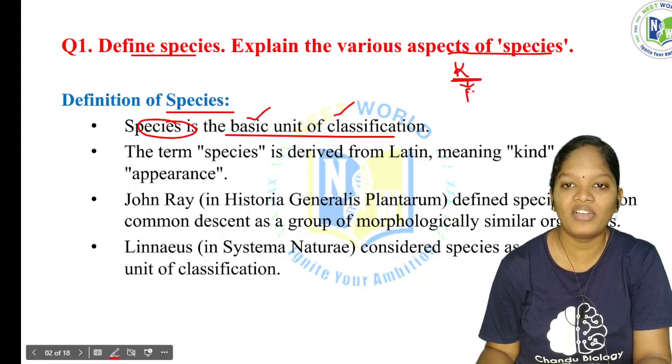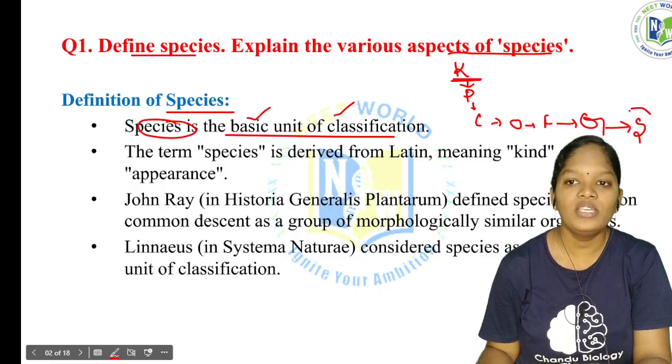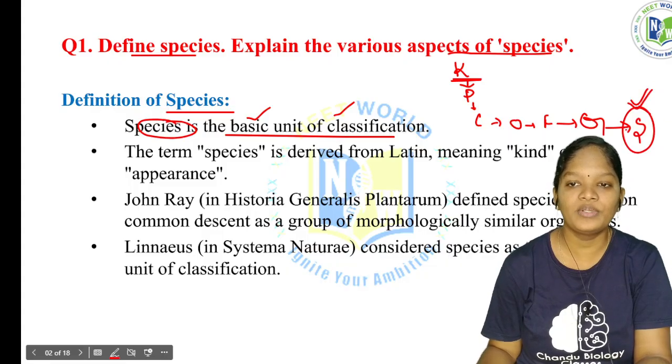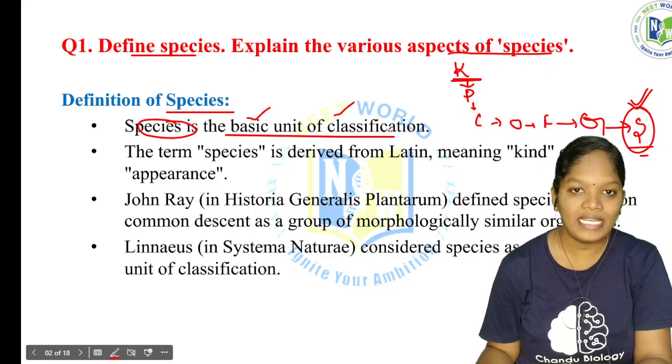After that phylum, class, order, family, genus, and then species. Species is considered the last basic unit, so that is why we say it is the basic unit of classification.